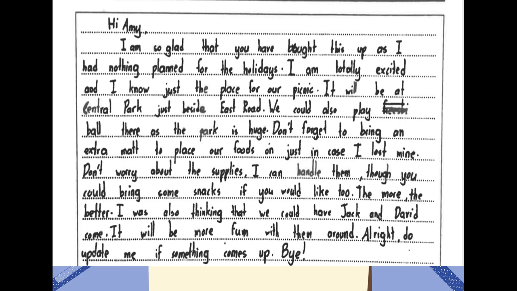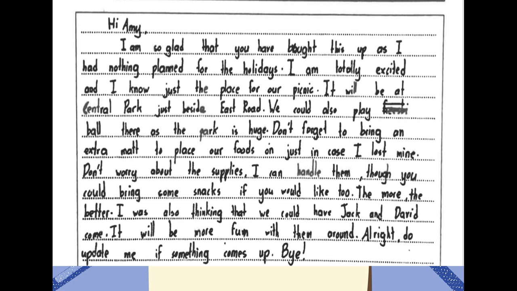So this is the example. For content, it gets 5 marks because all content is relevant to the task and the target reader is fully informed about the planned picnic. Communicative achievement is also 5 marks because the student was able to produce a text that communicates straightforward ideas using the conventions of the communicative task, such as a consistent, friendly tone and an informal register appropriately.